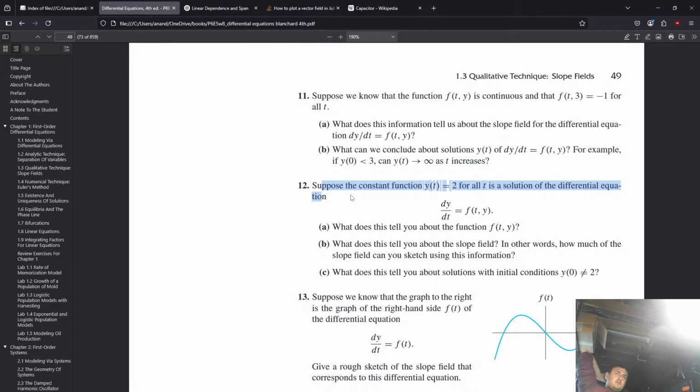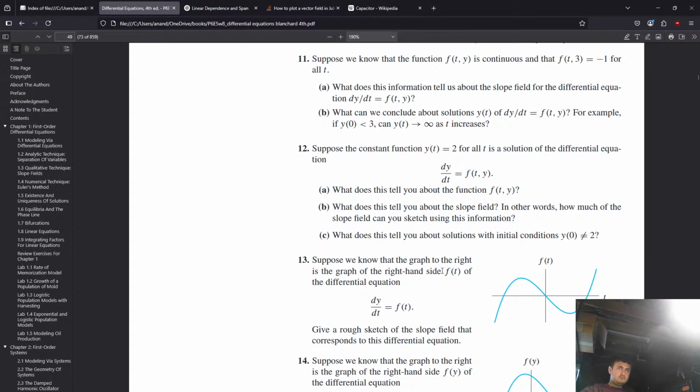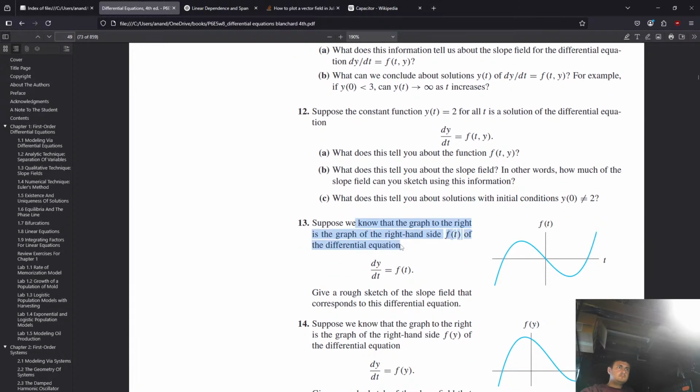What does this tell you about the slope field? So if you change t, you can move it up and down.